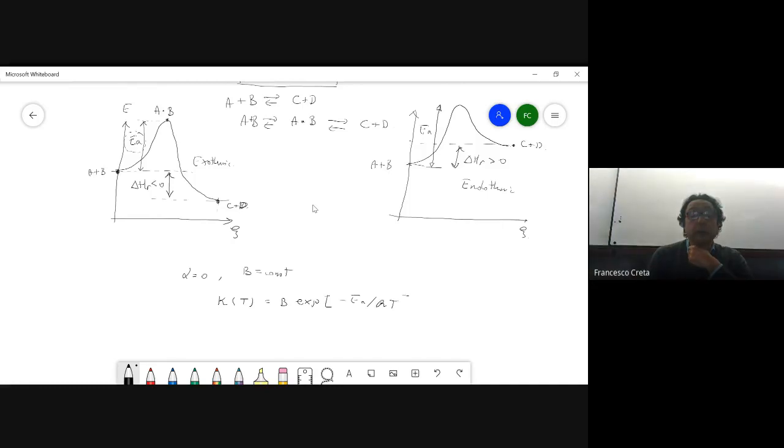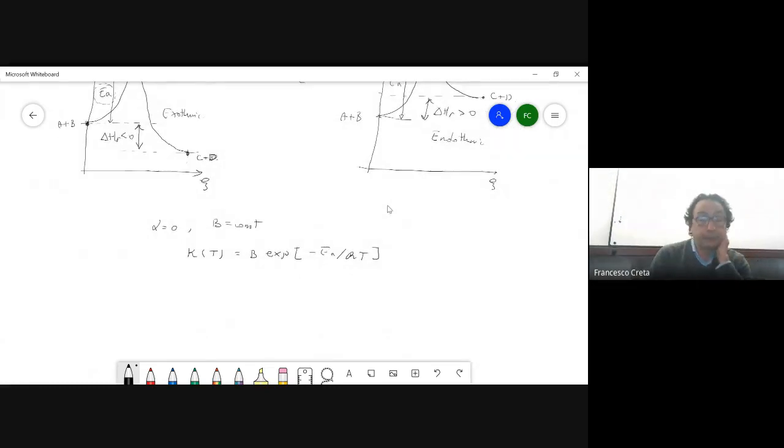The way in which B and EA can be determined, once you accept that they have this sort of functional form, is you can take the natural logarithm and you will have something like this.